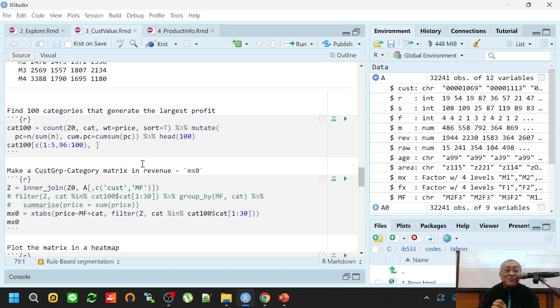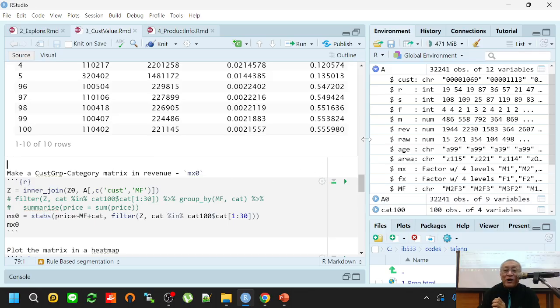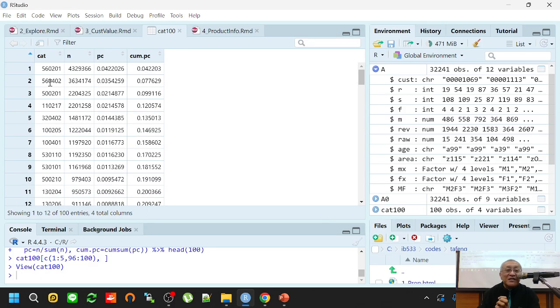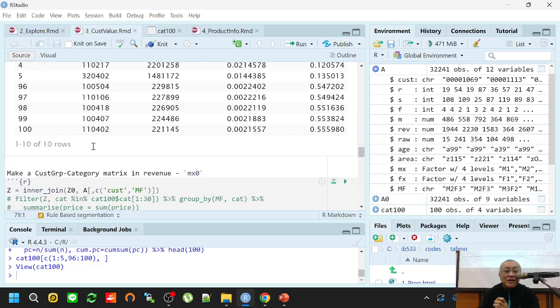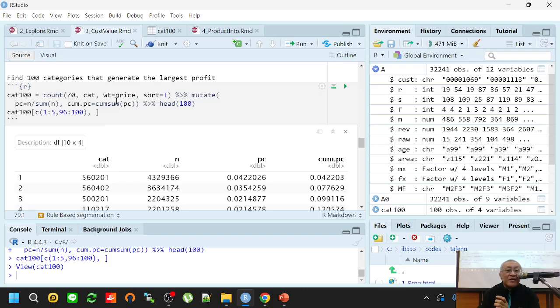It's not difficult to see how it works, right? So this cat 100 is actually, as you can see, the 100 category that actually generate the largest revenue, right? Okay, so I only want to see the top 100.